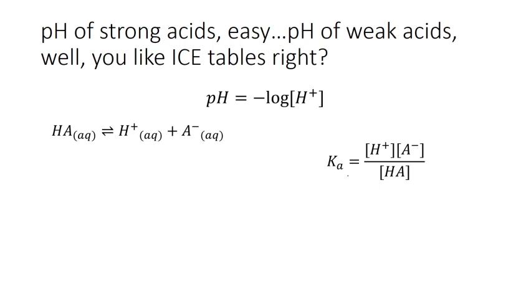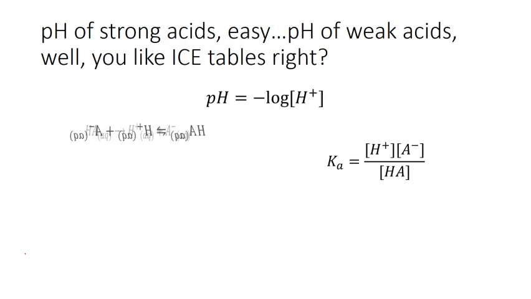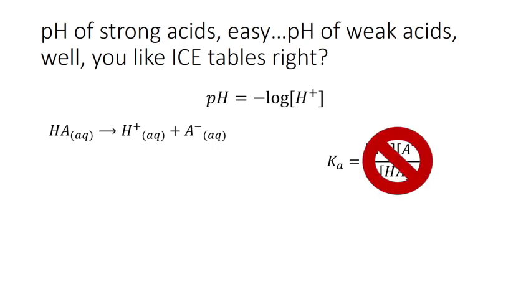Because we could write an equilibrium statement for this equation over here. But if we have a strong acid, that's not going to be the case. We can treat it as going all the way to our product side. And so we do not write an equilibrium expression for strong acids.